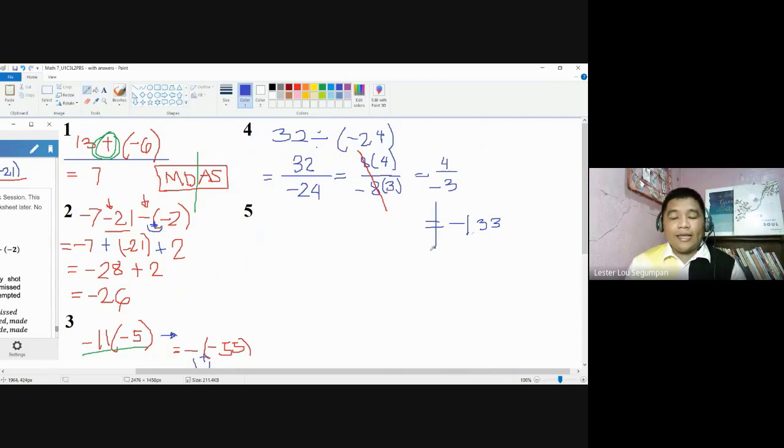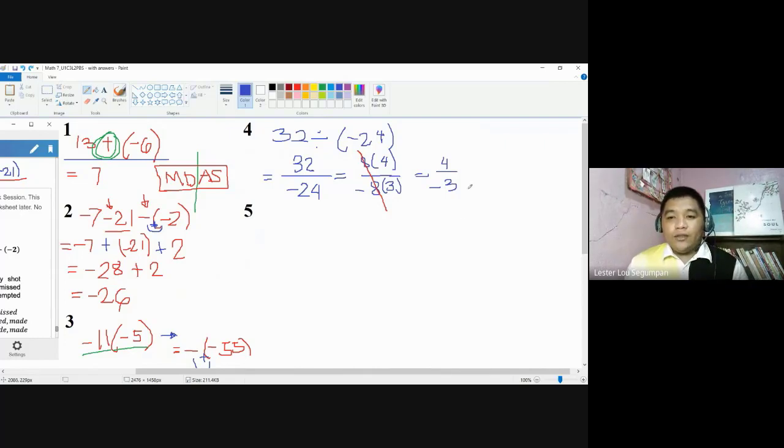When you use your calculators here, negative 4 thirds is actually negative 1.3333. It doesn't end. That would mean the negative 1.33 is just an approximation. It's not an exact value. For us to make sure that our result is still the exact value, instead of giving answers in decimal notation, please express your answer as a fraction. So if it's a fraction, rule number 1, stay as fraction.